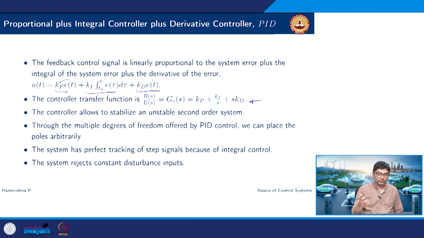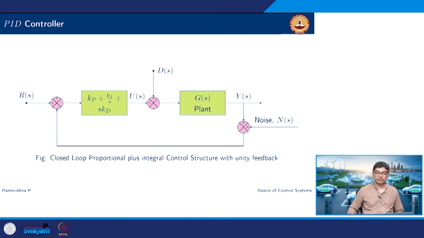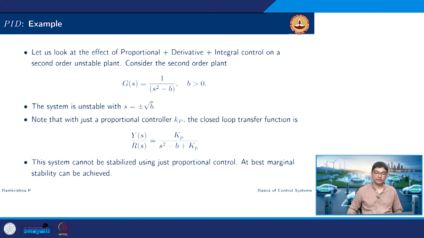And through appropriate design specifications, I can choose my Kp, Kd and Ki appropriately, which will lead me to a desired transient, desired steady state, and also keep in mind the stability of the system, right? And because there is an S sitting in the denominator, I have perfect tracking and I also reject constant disturbance inputs, right? So this is how the full controller structure looks like.